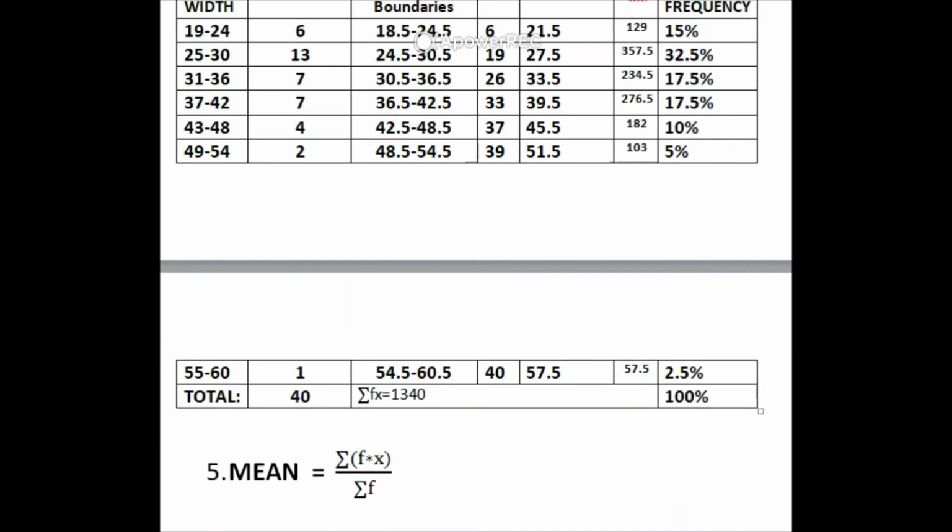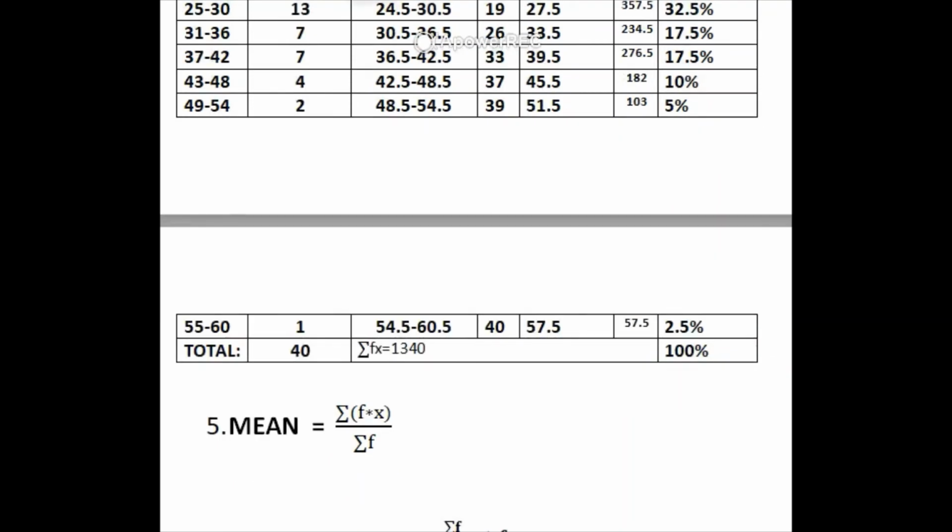So, to get the mean, we have the summation of f times x all over the summation of f. Summation of fx is the summation of frequency and midpoint, and summation of f is the summation of the frequency. So, base dun sa mga sinolve natin kanina, this is the solution.